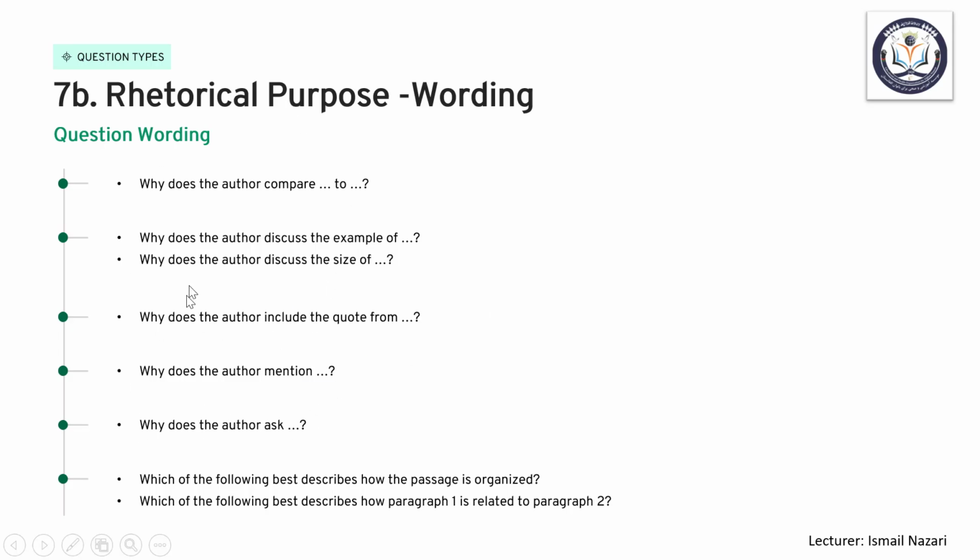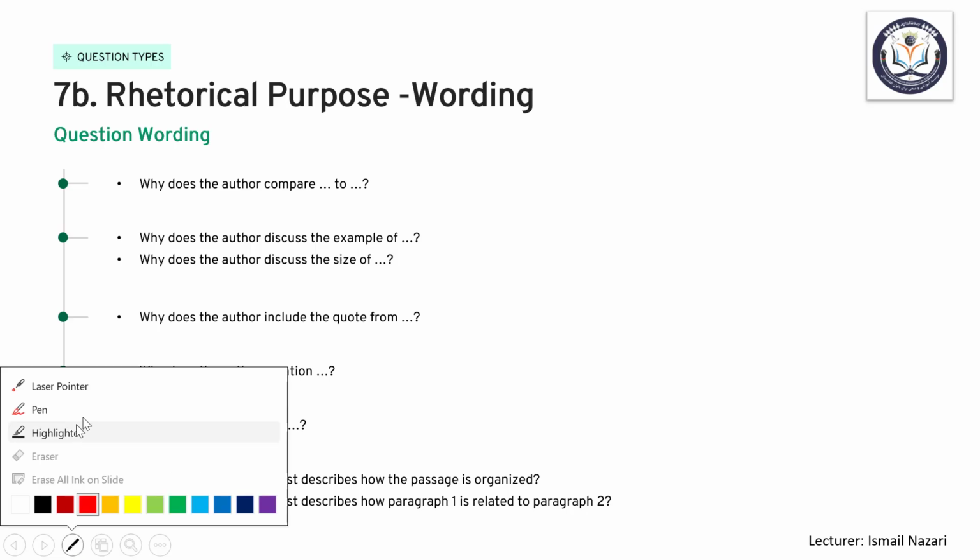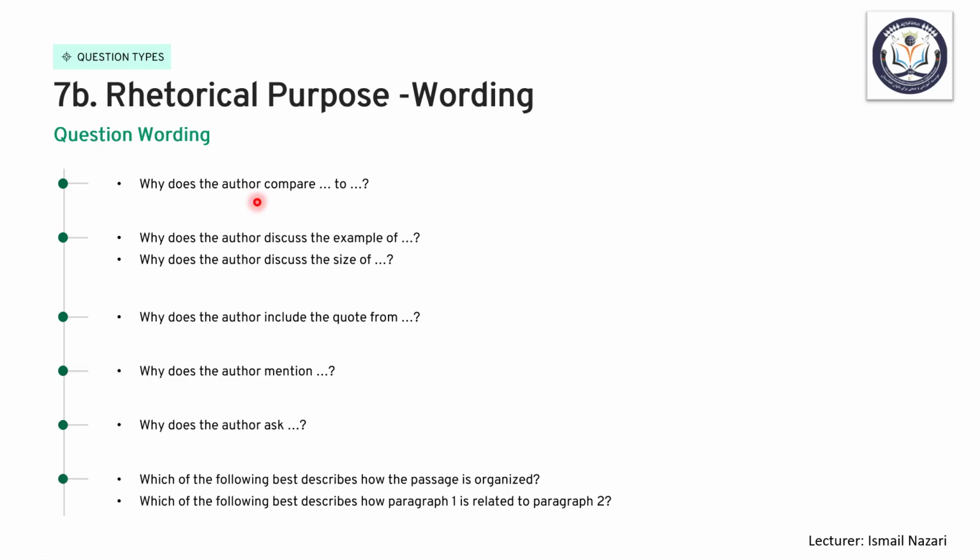So these are the wordings that we may face in rhetorical purpose question. If you have these question wordings, it is asking the purpose for a text, the purpose for a piece of information. If these two are, they may ask the organization or the paragraph relationships.